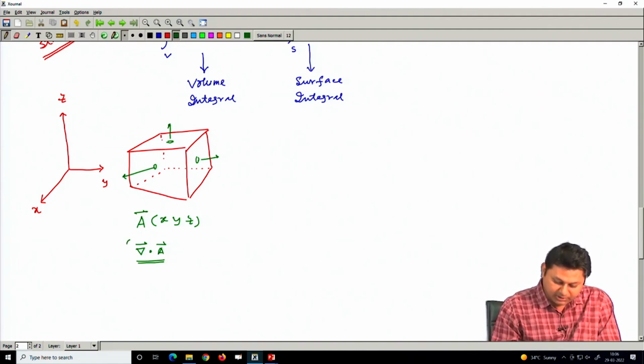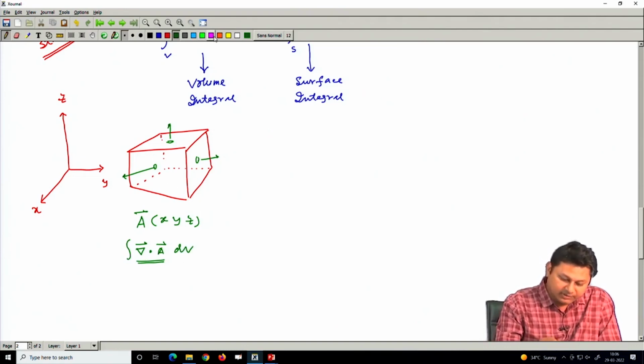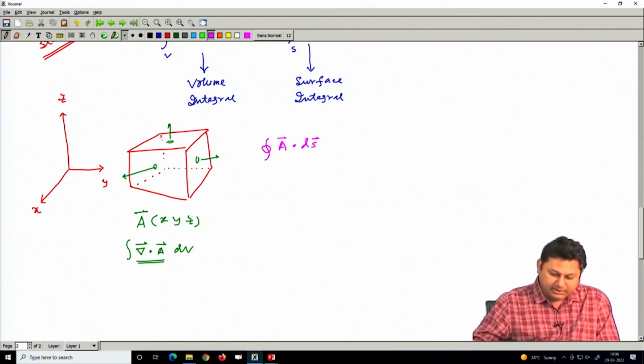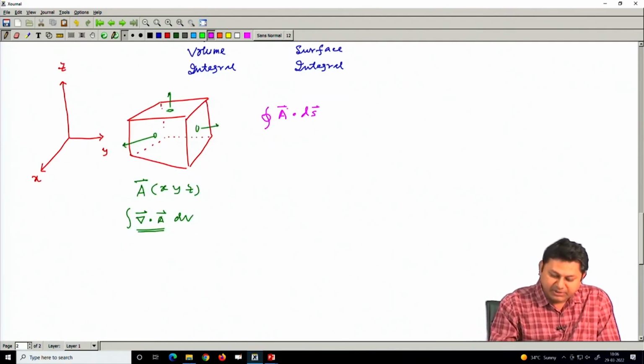For this given volume you have a closed surface integral, and this is nothing but calculating the flux at all the points. Flux means the vector field multiplied by the area integration. Whatever value you get, that is called the flux.